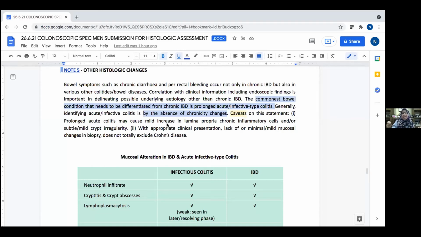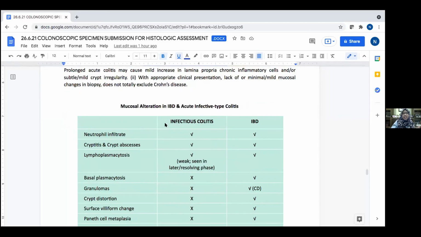Sometimes there will be slight mucosal architectural change in the form of mild irregularity. Also, there will be a mild increase in chronic inflammatory cells, not amounting to basal plasmacytosis. So that also can cause some confusion with chronic IBD. Occasionally, prolonged infective colitis can cause mild changes of chronicity.